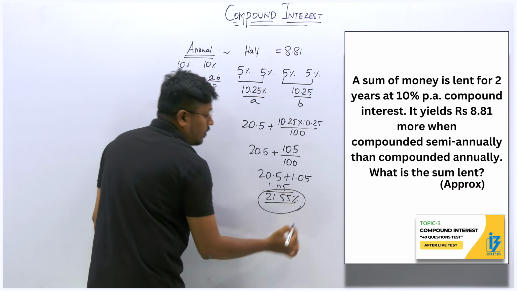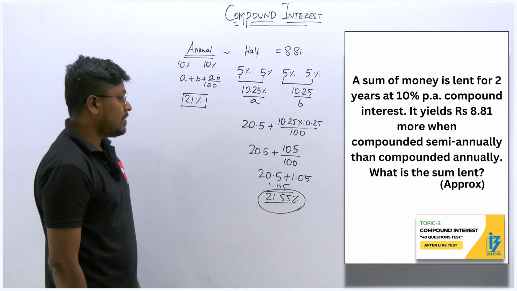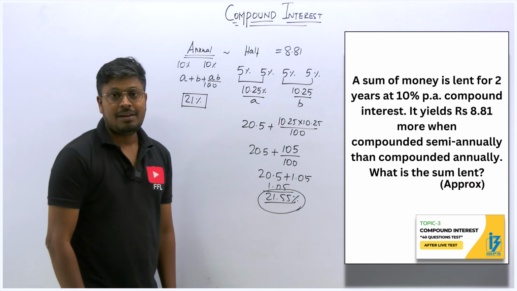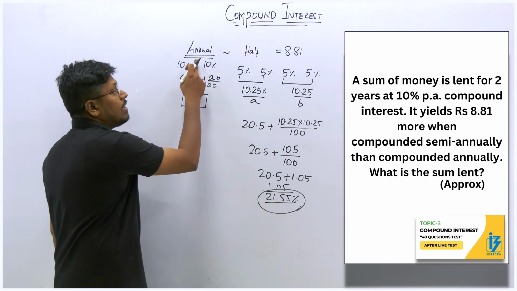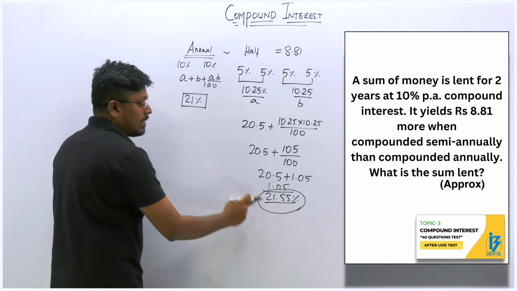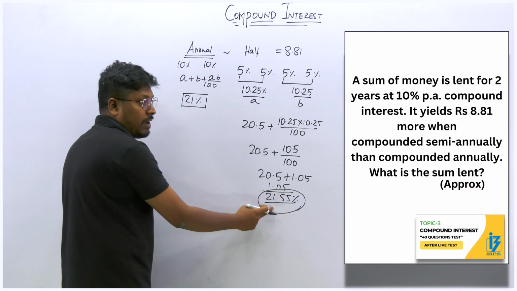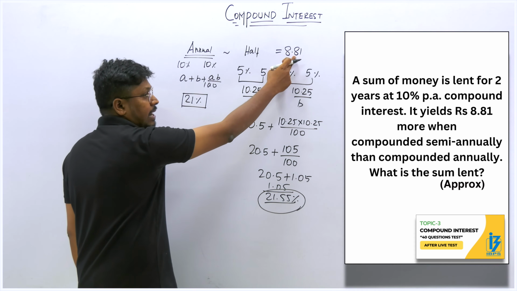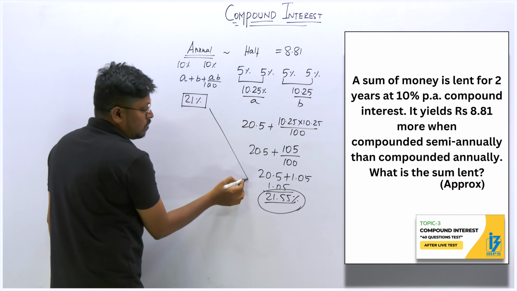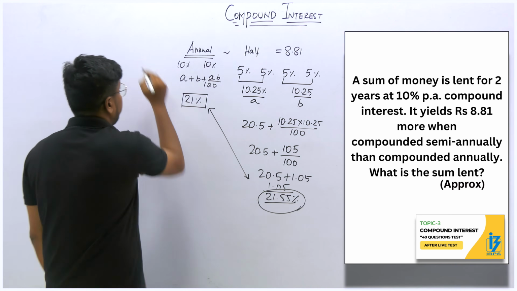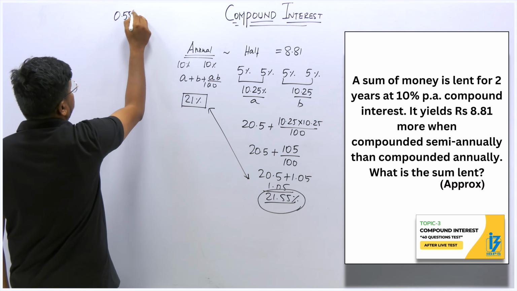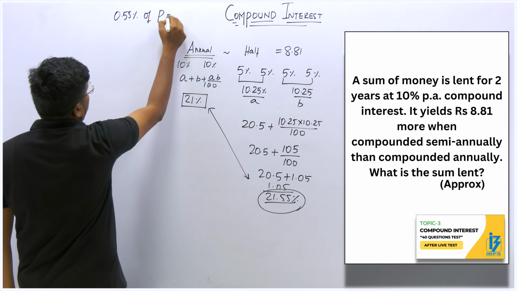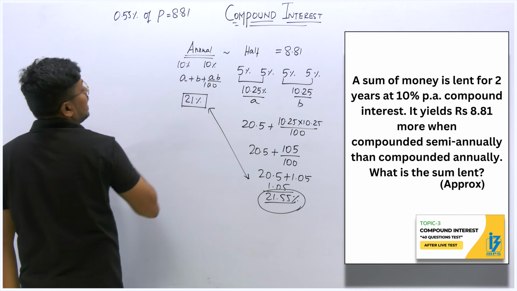This is for the total compound interest calculated semi-annually for 2 years, and this is annually. Annually for 2 years is 21, semi-annually is 21.55, and we know that the compound interest difference is 8.81. So the difference between these two percentages will be 0.55. So 0.55 percentage of the principal amount is the difference, 8.81.